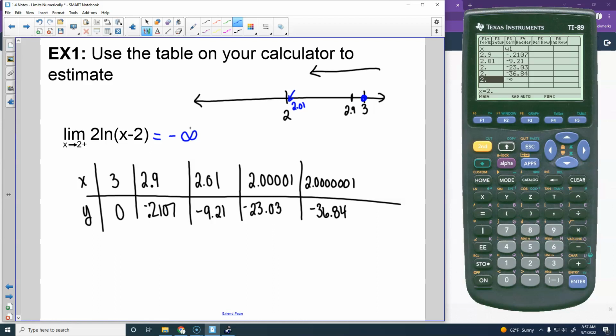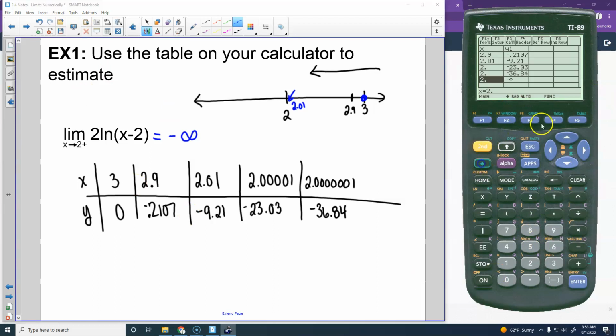Given what we know about natural logs and those having a vertical asymptote, that's not going to be the case. We have not proven that this limit is negative infinity, but the evidence that we have supports it. And that's the best you can say whenever you're doing numerical limits, because this doesn't guarantee it, but it supports that you've got that numerical limit.